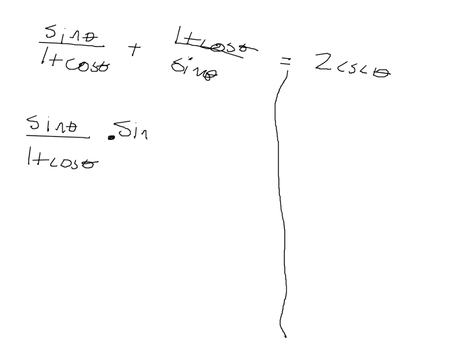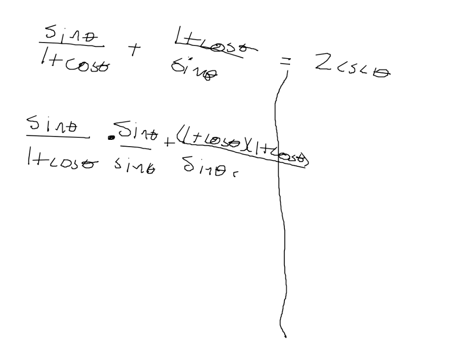So if I multiply the first fraction by sine on top and bottom, and I take the other one and multiply it by 1 plus cosine, then I have my common denominator.